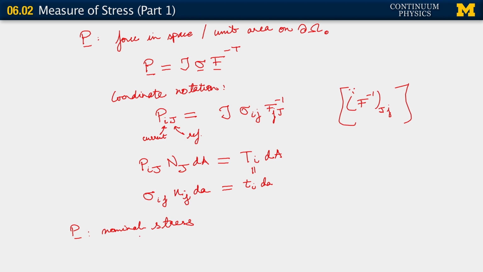Chances are when you studied your first or second class in mechanics of materials as undergrads, you were introduced to this idea of the engineering stress, which is a stress defined per unit original area. Well, this is it. This is the first Piola-Kirchhoff stress, or the nominal stress.